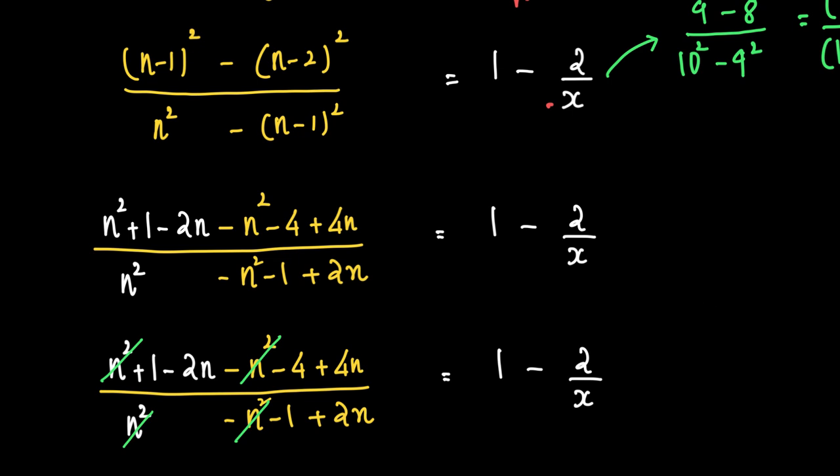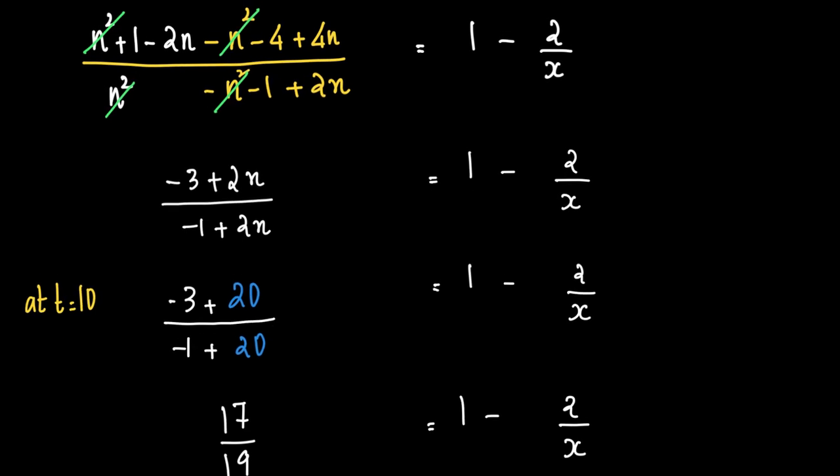Now, what happens here is n square minus n square is 0, n square minus n square is 0. So all we are left with here is 4n minus 2n, which is plus 2n, minus 4 plus 1 is minus 3, so 2n minus 3 in the numerator, and 2n minus 1 in the denominator. And at n is equal to 10 seconds, what do we have? 2 into 10 is 20, 20 minus 3 is 17; 2 into 10 is 20, 20 minus 1 is 19.